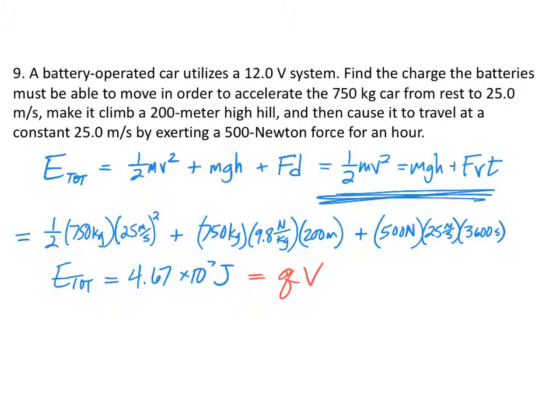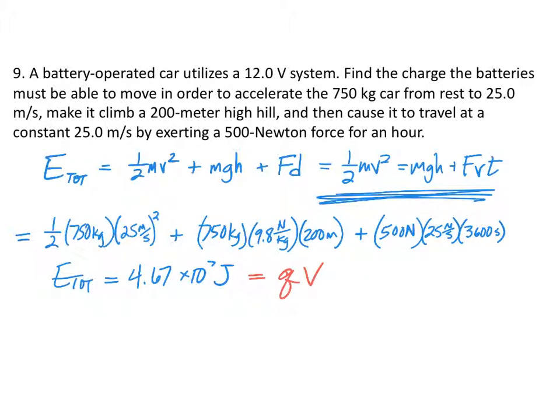So 3 versions of mechanical energy into our total calculation, and that total energy has to be supplied by the battery, which is why total energy has to equal QV, which is electric potential, electrons, all right, stored up and moving, or providing the reason that things move. And what were we looking for? The charge.